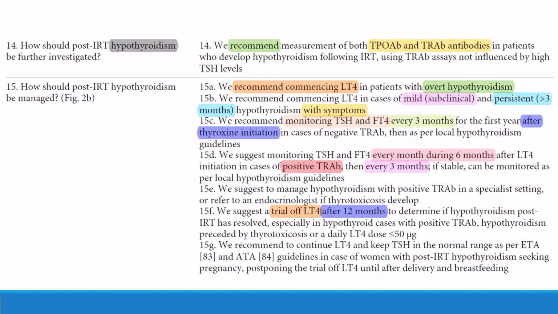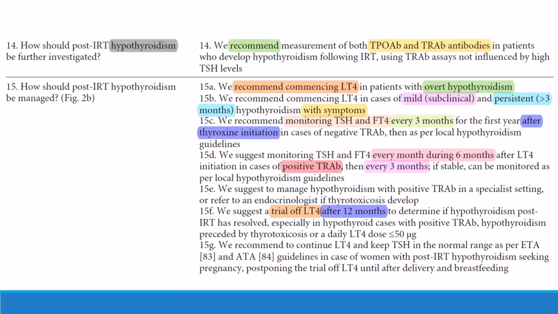By monitoring TSH and free T4 every 3 months for the first year after thyroxine initiation. We suggest monitoring TSH and free T4 every month during the first 6 months after levothyroxine initiation if the TSH receptor antibody is positive, then every 3 months if stable, and then every year.